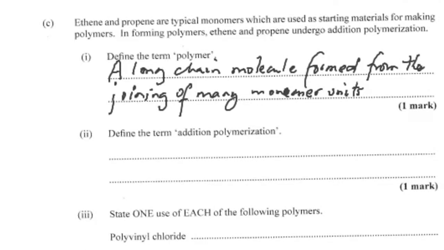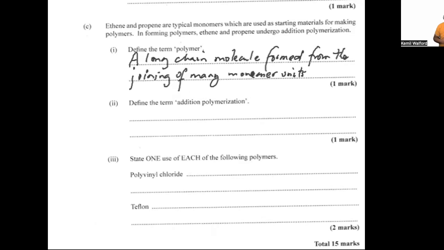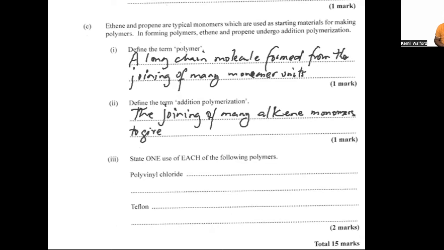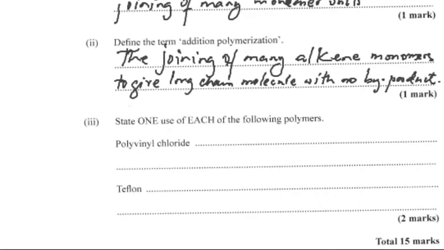And we're to define the term addition polymerization. We can call this the joining of many alkene monomer units to give a long chain with no byproducts. So at the end of addition polymerization, we only get one straight chain. We don't get the elimination of any small molecule.